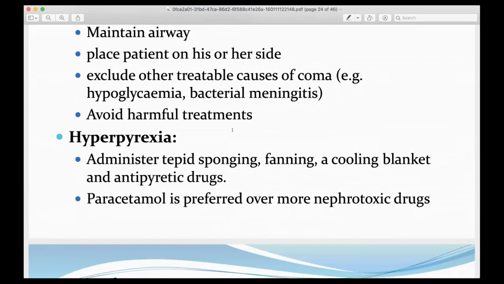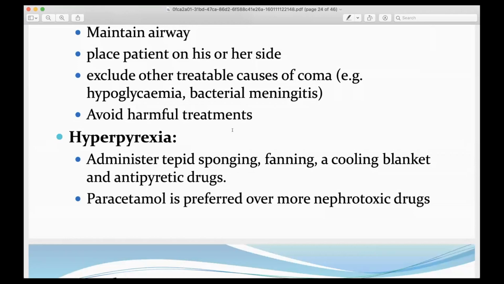But remember, if the fever increases to more than 104 degrees, then at that time you have to do rapid cooling by placing ice on strategic points of the body, like the axilla and the groin.